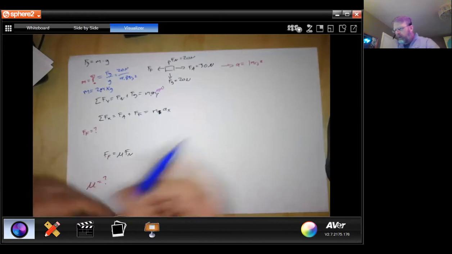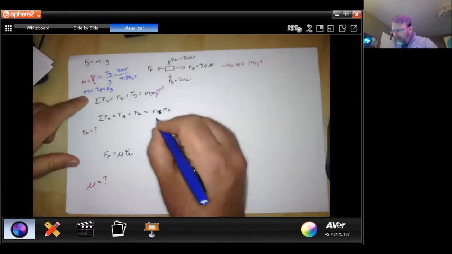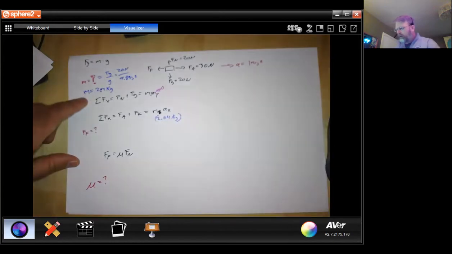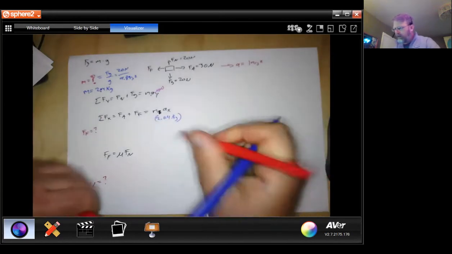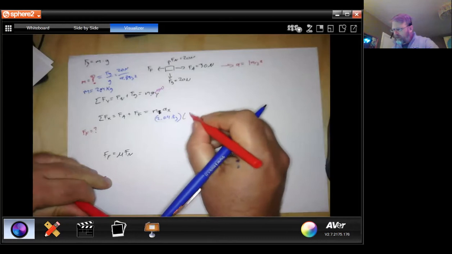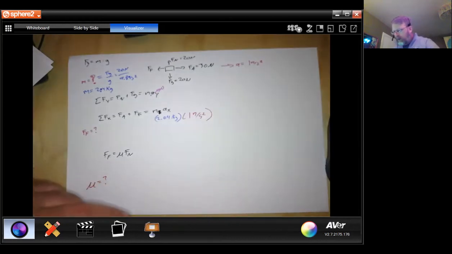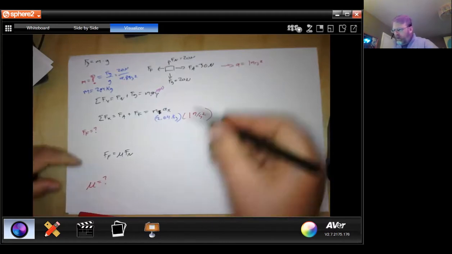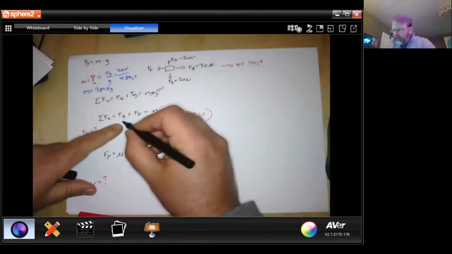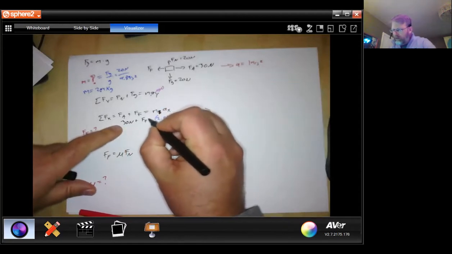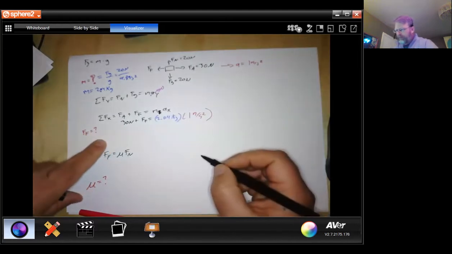So now we know our mass is 2.04. My acceleration was 1. And what else did I know? I knew that my force applied is 30 newtons, and I'm solving for force of friction.